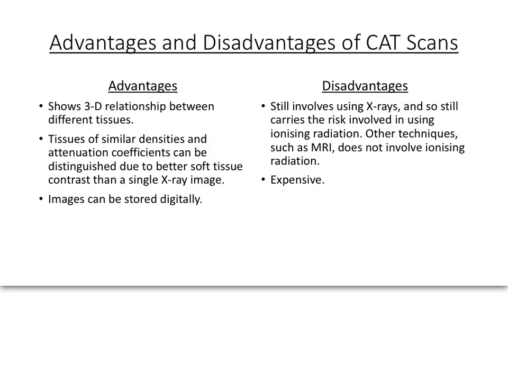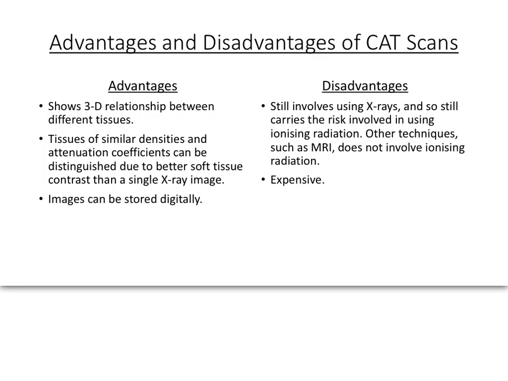So it's important to be able to discuss the advantages and disadvantages of CAT scans. After all, why use a CAT scan when there's something better available? One advantage of a CAT scan is that it can show 3D images, 3D relationships between different tissues. You will also find that tissues of similar densities and attenuation coefficients can be distinguished due to better soft tissue contrast than a single X-ray image.